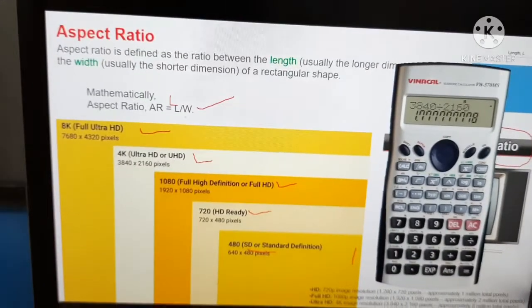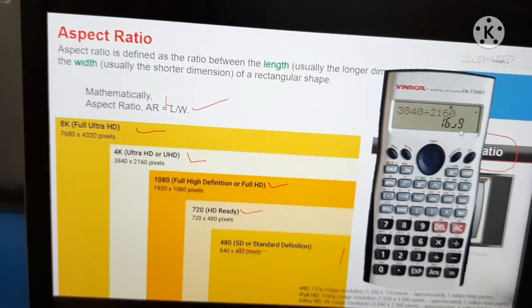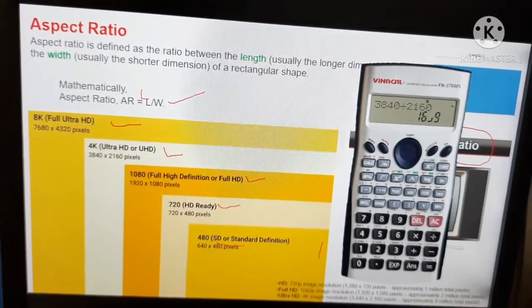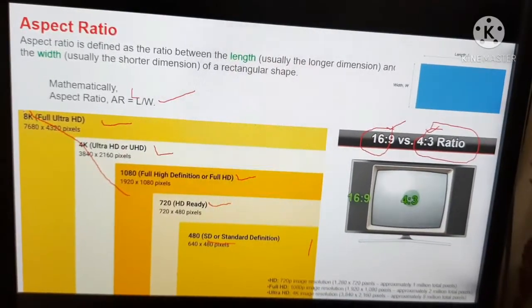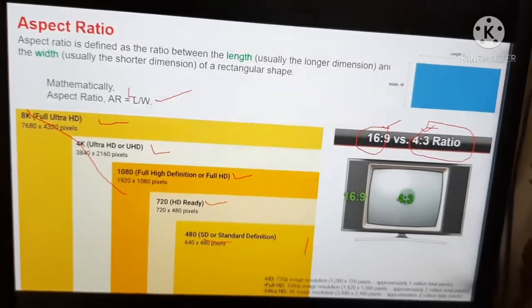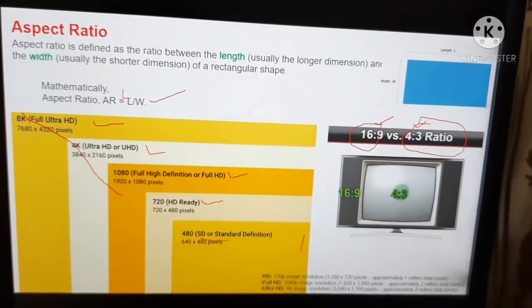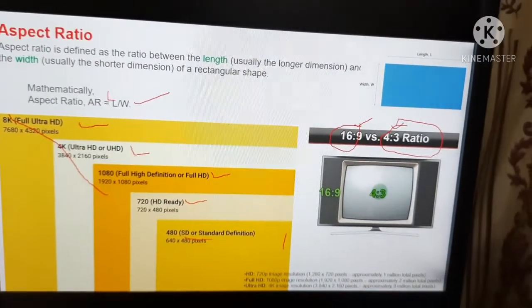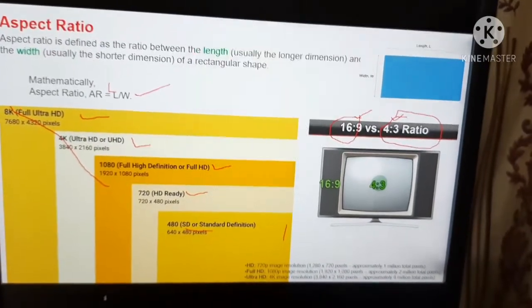Here you again get the same aspect ratio, 16:9. So full HD, Ultra HD and full Ultra HD all have the same 16:9 aspect ratio. And the 4:3 aspect ratio is actually the SD, standard definition.